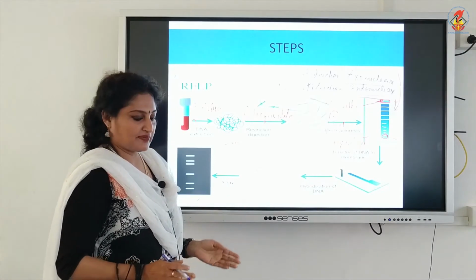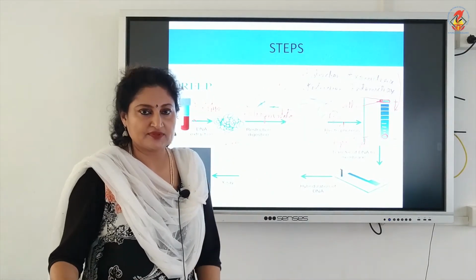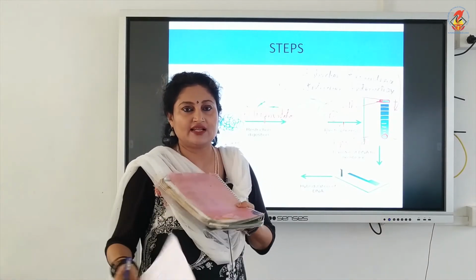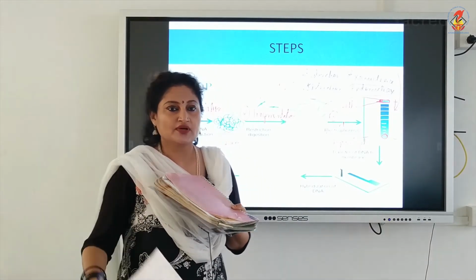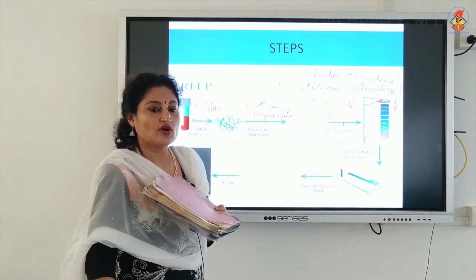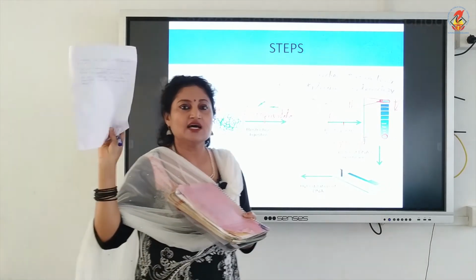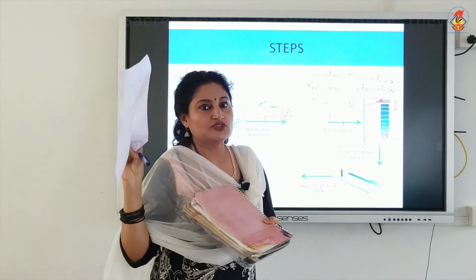Now the next step is simply, if I show you this as a slab, my book as the gel slab, the agarose gel slab, transferring it onto a nylon paper or nitrocellulose sheet. So just imagine this is a nylon paper or nitrocellulose sheet.